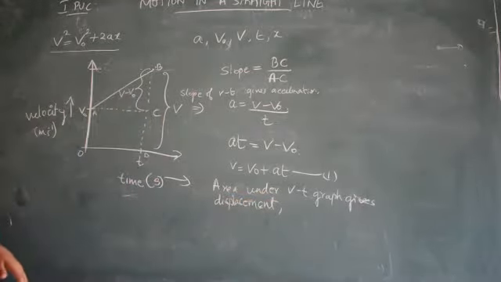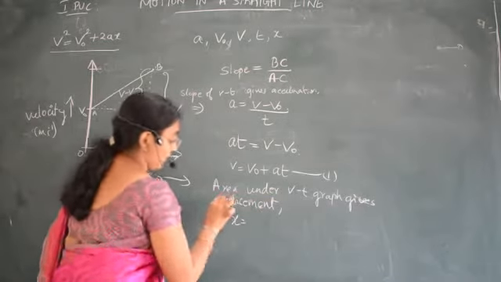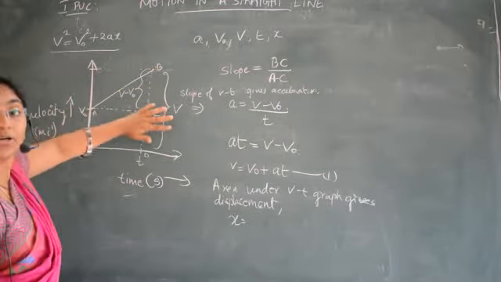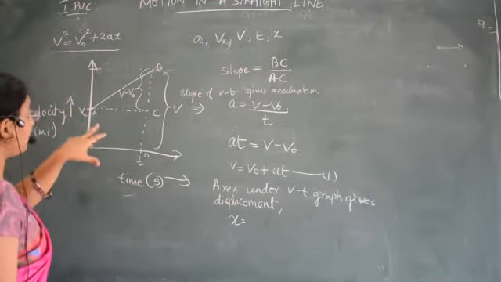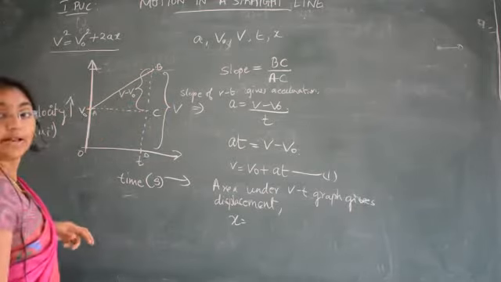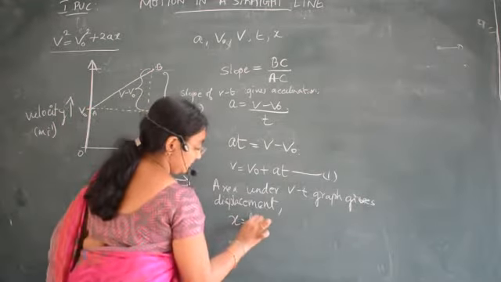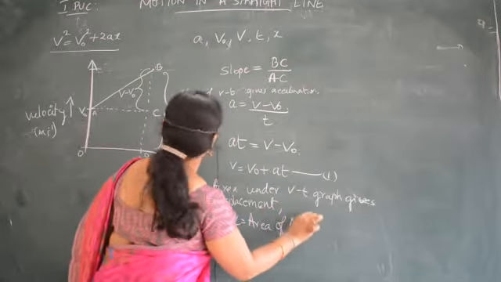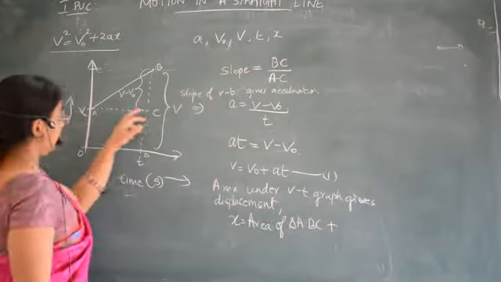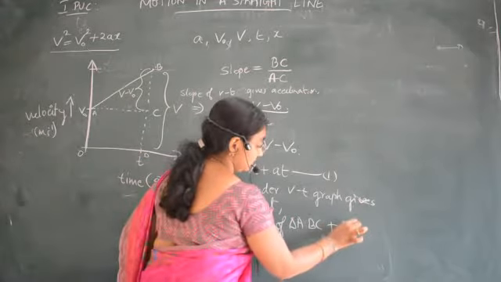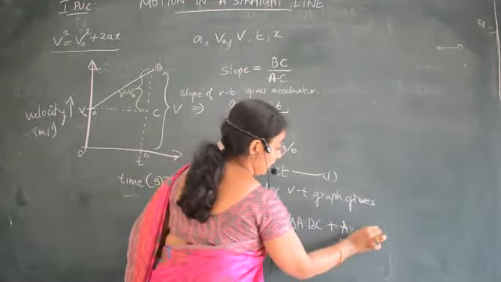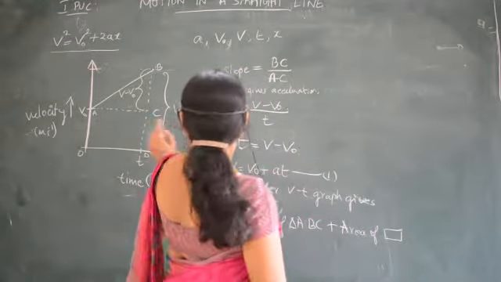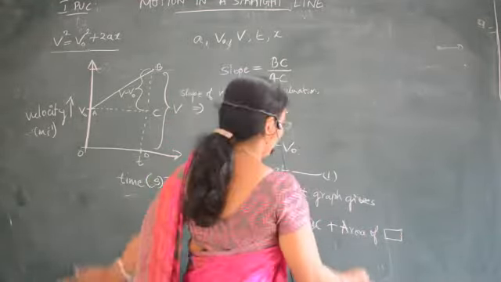So therefore we can write x is equal to area of this graph. We have already derived x is equal to area of the triangle ABC plus area of the rectangle ACDO.